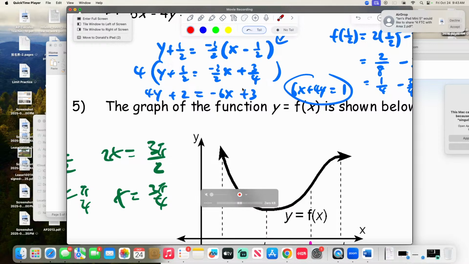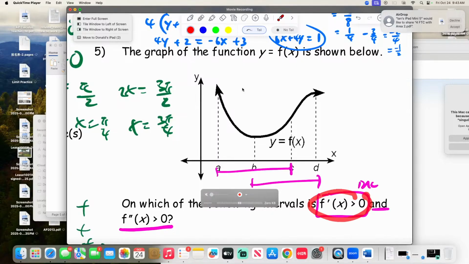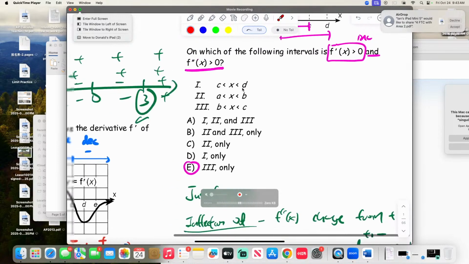Now, increasing and concave up: if you pay attention, from this region to this region is increasing, because they want f prime of x to be increasing, so that means it's going to go up. And they also say f double prime of x is greater than 0. That means concave up, and concave up is from this to this. So there's only one overlap region where it is increasing and concave up at the same time. So the answer has to be B to C, so the answer has to be E.